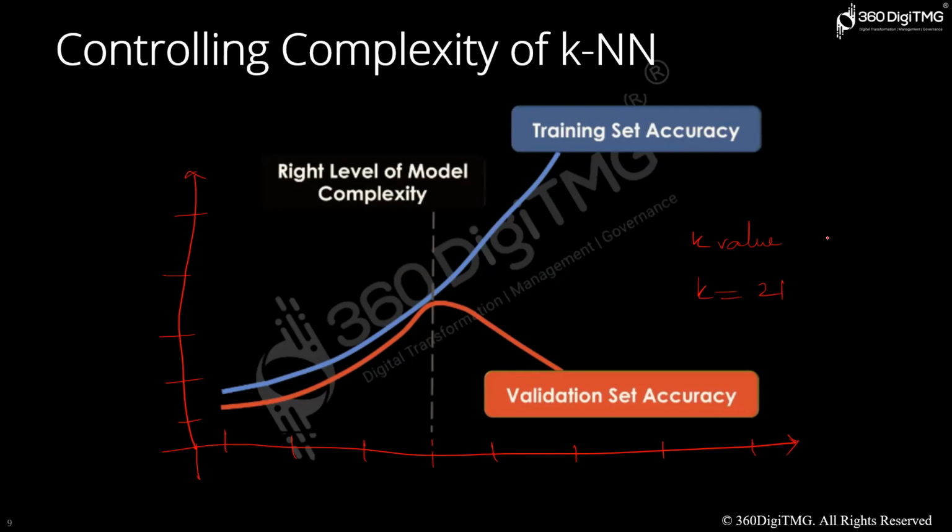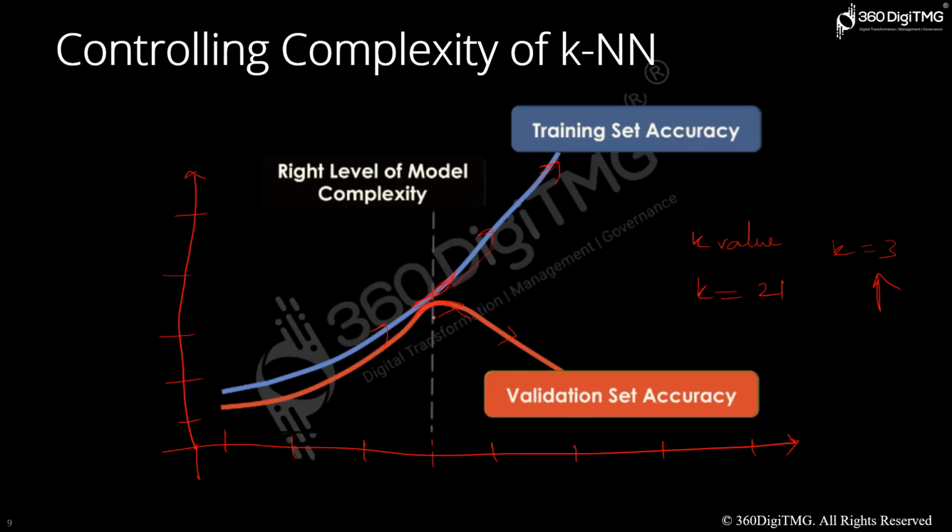We can start with k is equal to 3, and when we train the model, the training set accuracy increases and validation set accuracy decreases. So what happens in this is it gets diverged. As you can see, observe here, this gets diverged. This is increasing upward and this is decreasing downward.